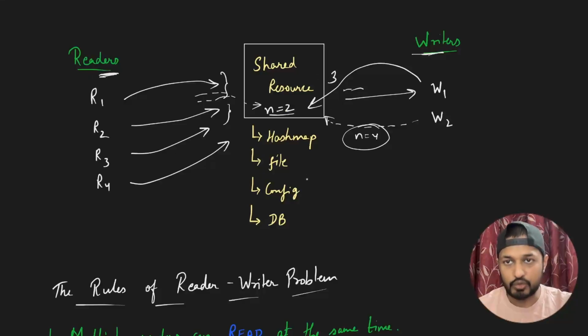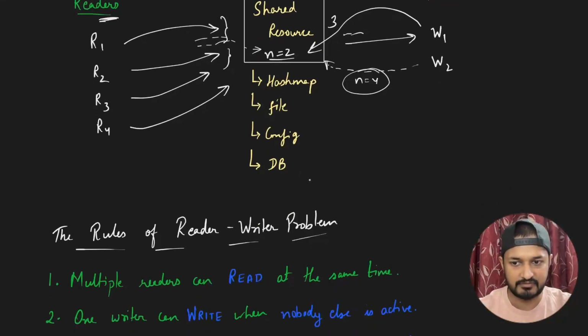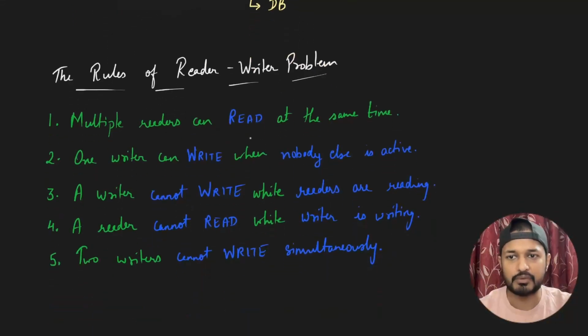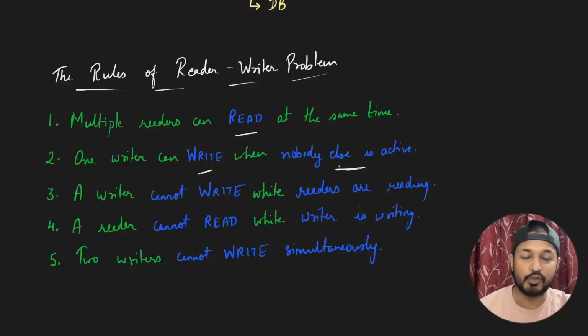Correct? So the rules of reader-writer access are these five. The first rule is multiple readers can read at the same time. Correct? The second rule is one writer can write when nobody else is active. Nobody else includes readers as well.